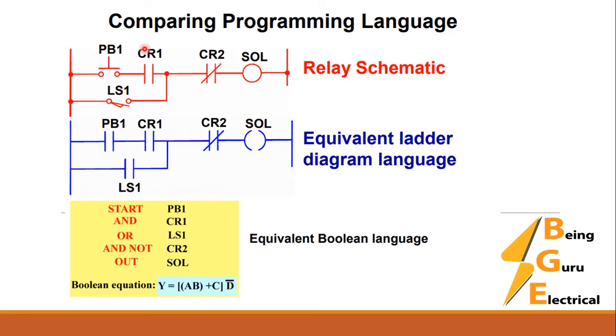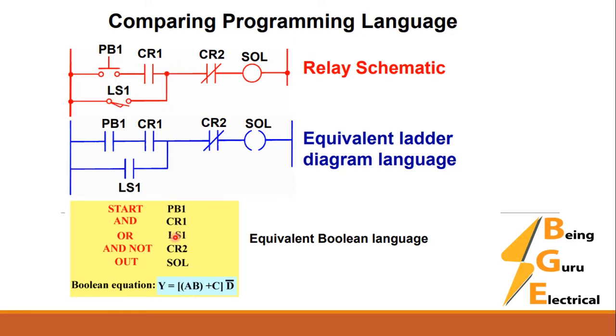Now these both are parallel with LS1, so the output comes here, and this output is OR with LS1. Understand? This is parallel, so for parallel we use OR gate.